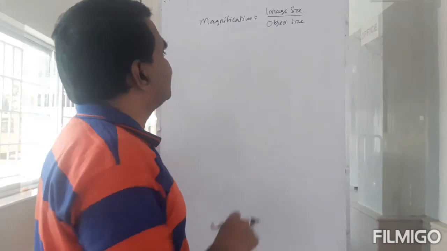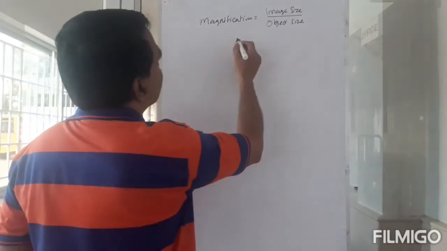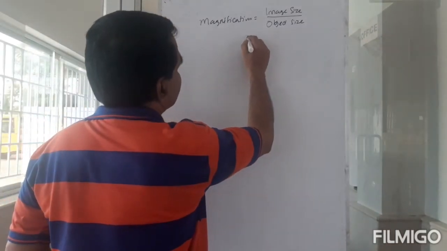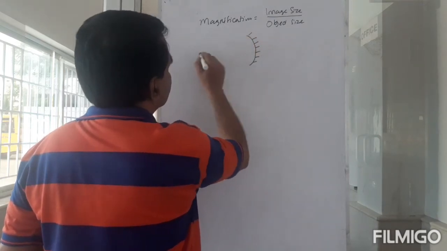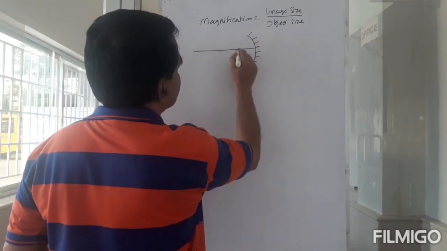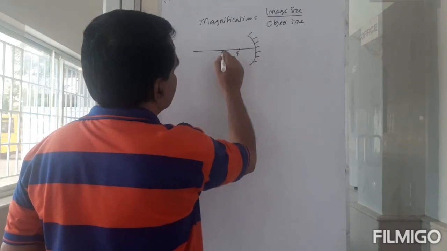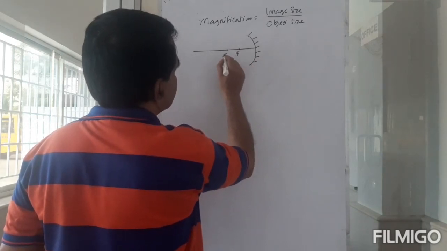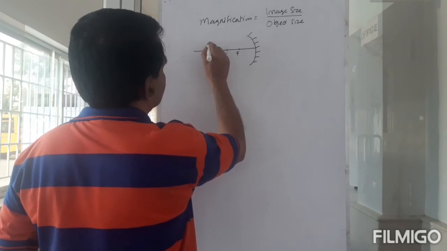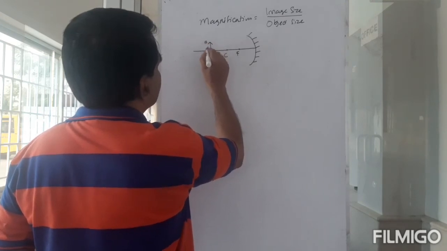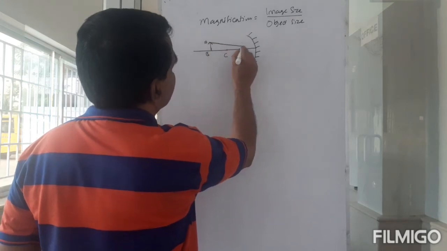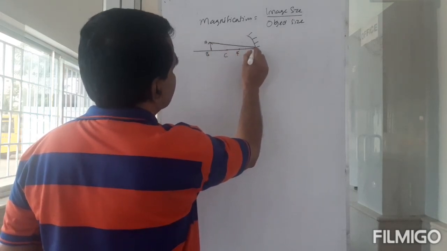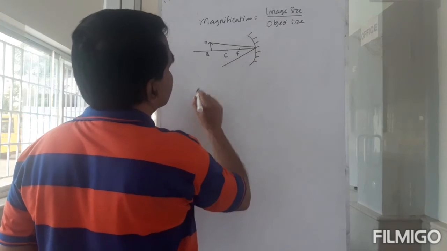Okay. So in the case of a mirror, for example, if you take a concave mirror, then if I have something like this, this is the focal length, and let's say this is the center, and suppose I have an object here, so this is A and this is B. So see, you can go ahead and do this.